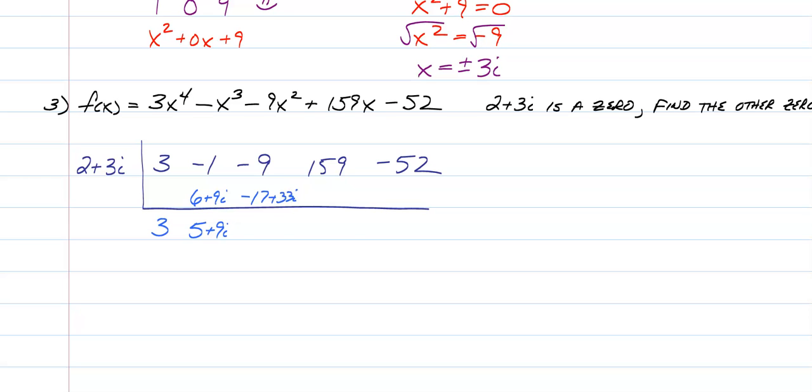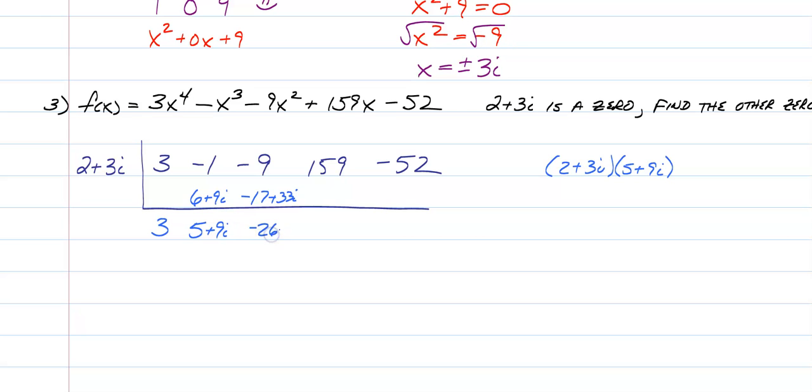Again, you can FOIL those two together, or you can type in your calculator 2 plus 3i times 5 plus 9i. Your graphing calculator will give you the correct answer. Okay? And then, of course, -9 and a -17. You can do that in your calculator as well.